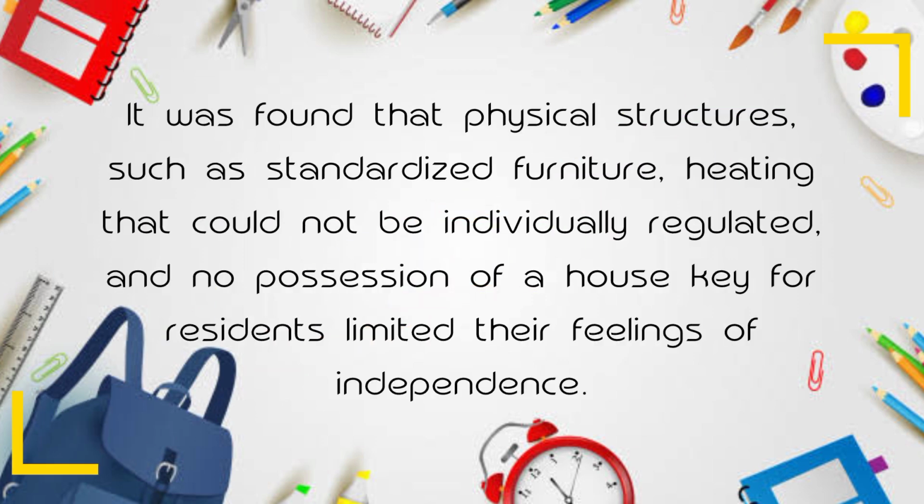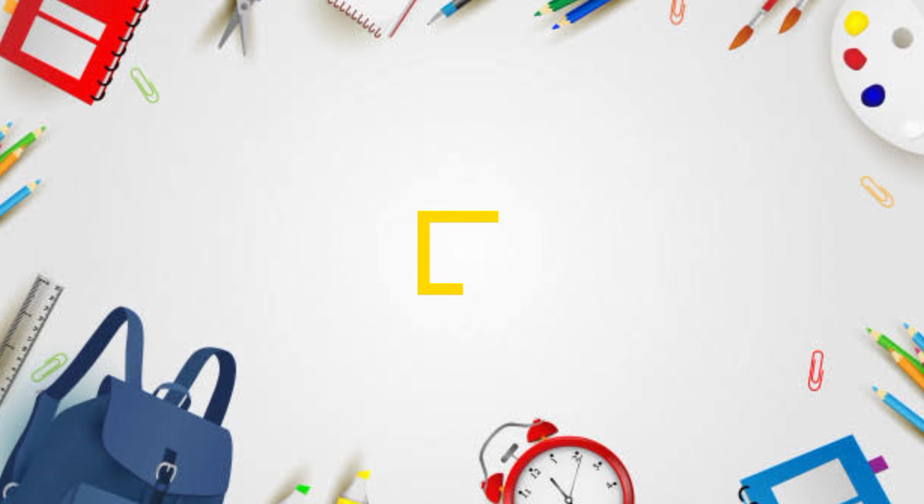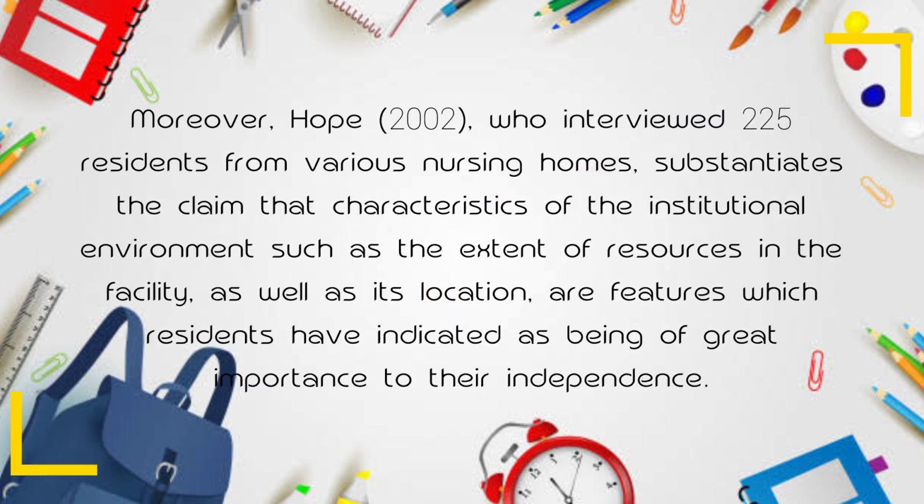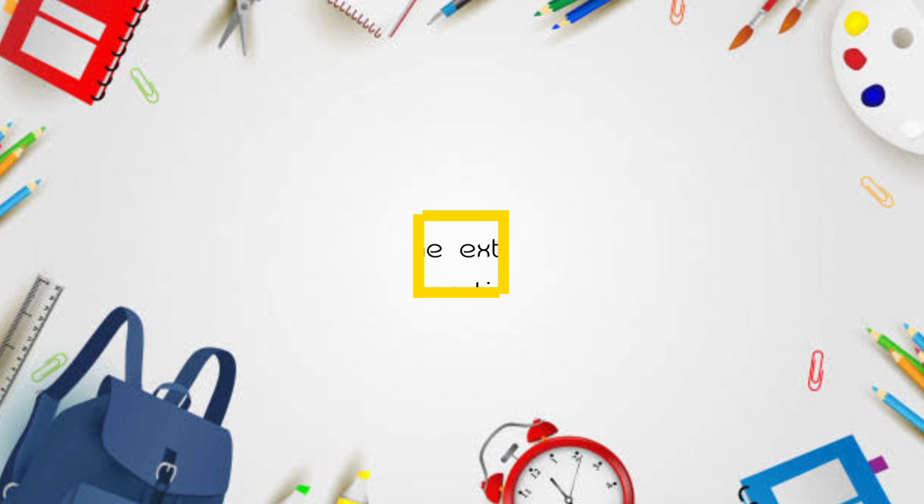It was found that physical structures, such as standardized furniture, heating that could not be individually regulated, and no possession of a house key for residents limited their feelings of independence. Moreover, Hope 2002, who interviewed 225 residents from various nursing homes, substantiates the claim that characteristics of the institutional environment such as the extent of resources in the facility, as well as its location, are features which residents have indicated as being of great importance to their independence.